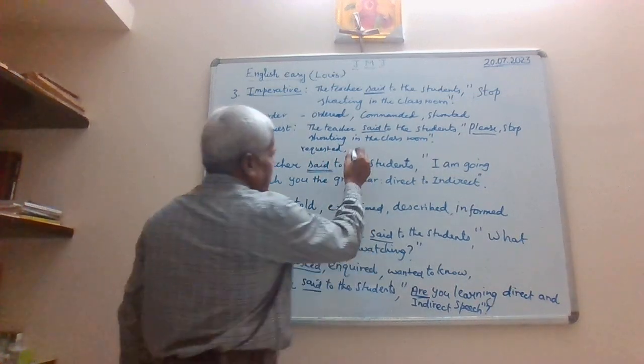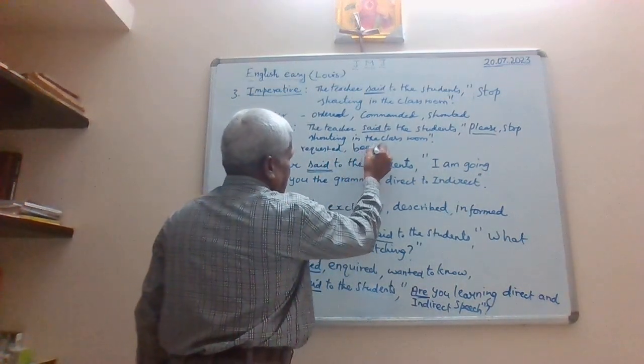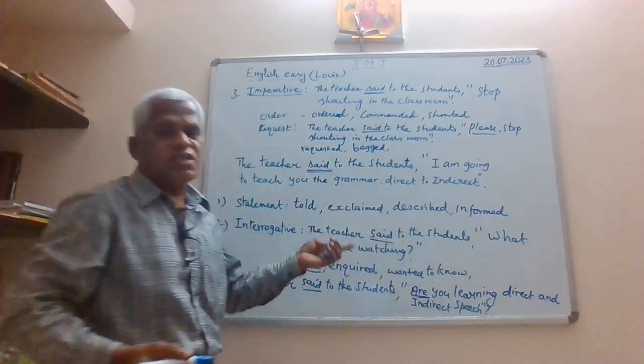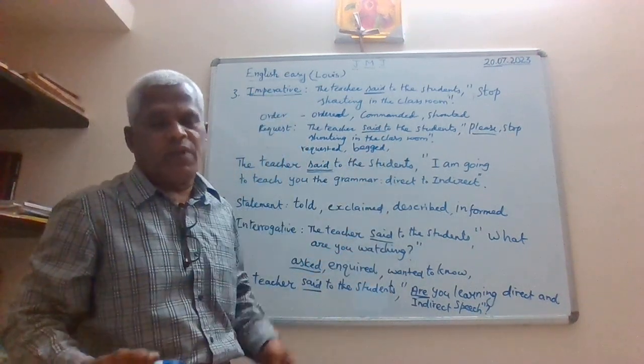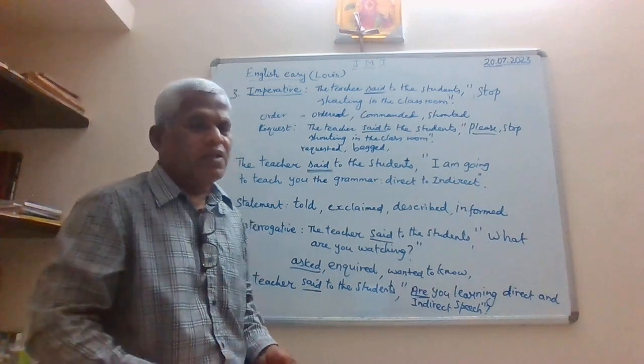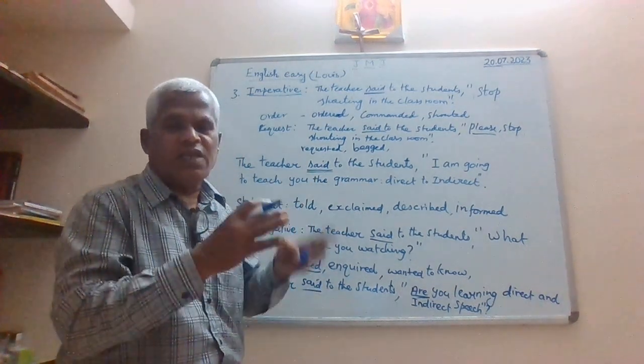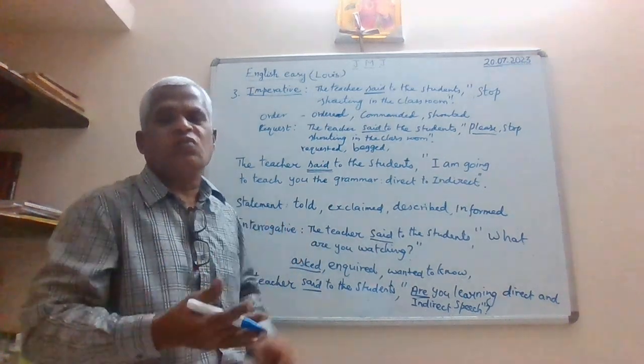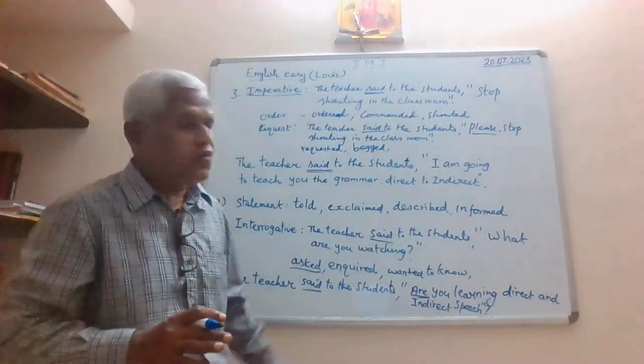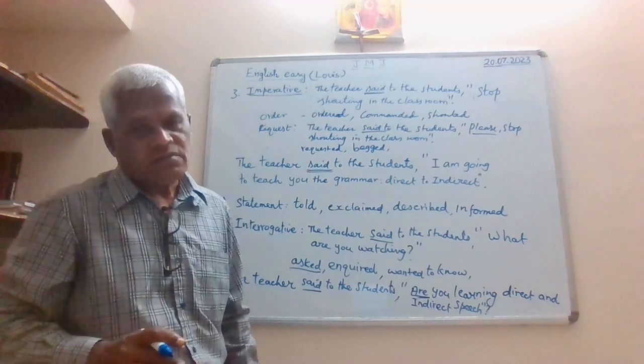Requested, begged. Sometimes teachers can go to the extent of begging. Begging means not to go and beg, but trying to make the students understand, "Please don't make noise inside the classroom." So that is the understanding. So, begged.